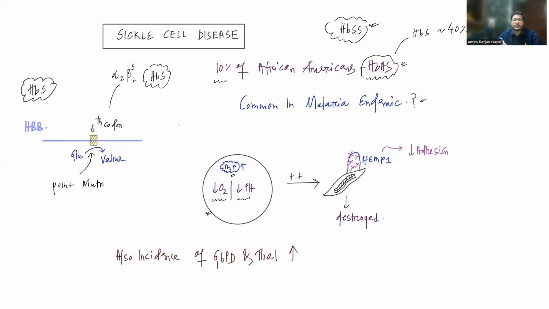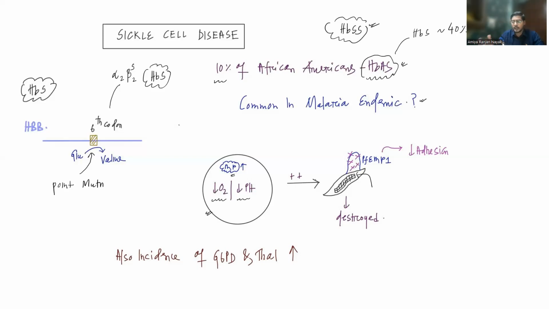We have discussed previously the property of hemoglobin S. Whenever there is deoxygenation, there will be structural alterations, and these hemoglobins will stick to each other and make a polymer. This process of polymerization happens whenever there is reduced oxygen tension. Because of this polymer formation inside the RBC, the RBC becomes a sickle cell. That is why the name is sickle cell disease.